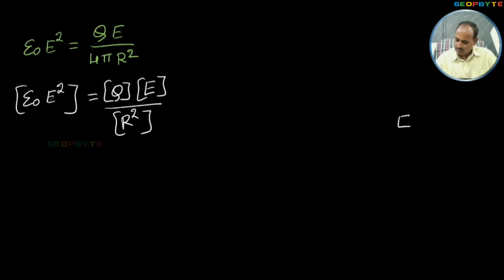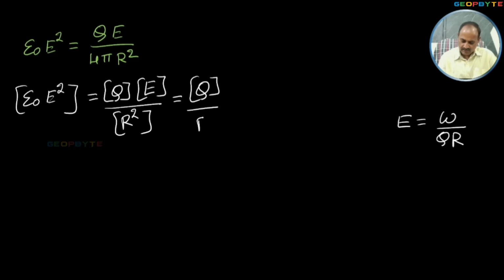But you know E equal to W by Q R. W by Q R, it is equal to Q by R square.